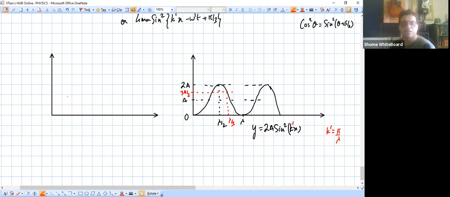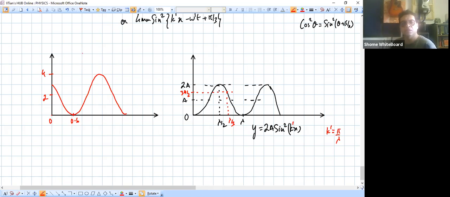So this graph which is starting from this point, our original graph which was starting from this point, okay.